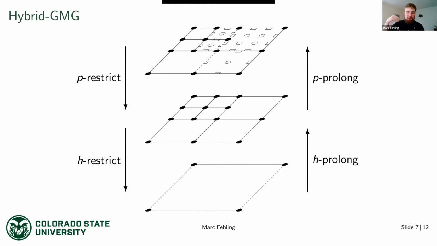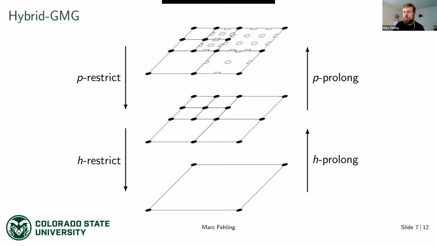You try to reduce the polynomial degrees on your mesh so far that you only have linear elements left. So this is basically the first step in building the hierarchy of meshes, so that you end up with a middle layer here where you only have the h-adaptive discretization left, but all of the elements have the same polynomial degree, preferably linear.